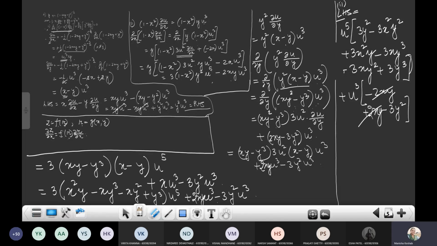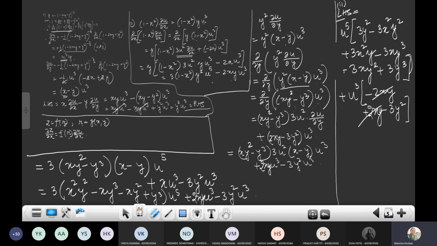Fine. Anything else? No. This is so 3x square y and here there is. So xy square minus y cube 3u square. So this will be xy square. So if it is xy square, so this will be x square y square.